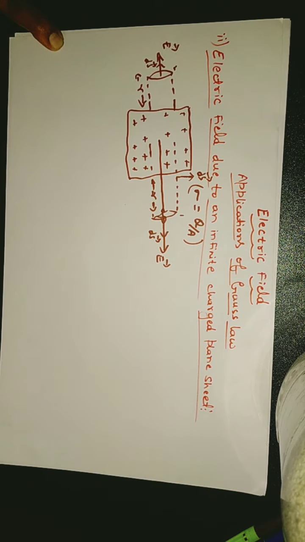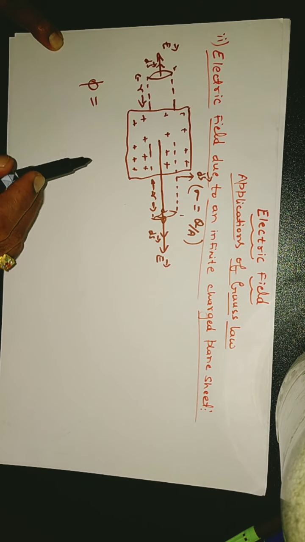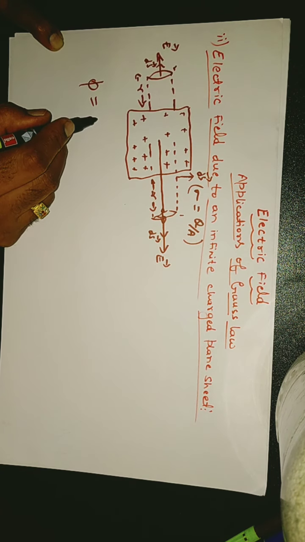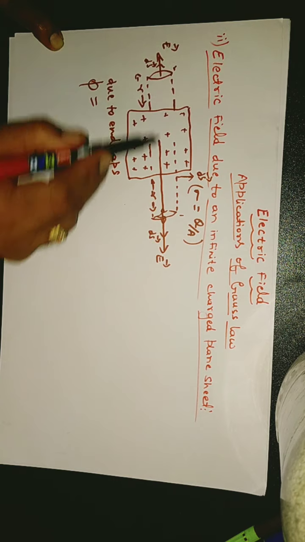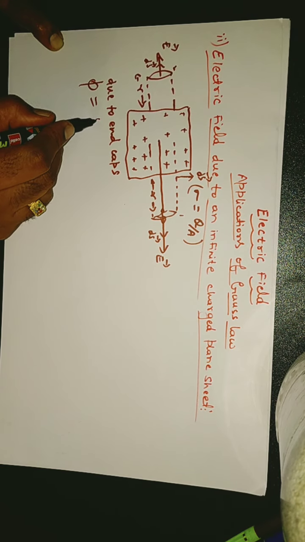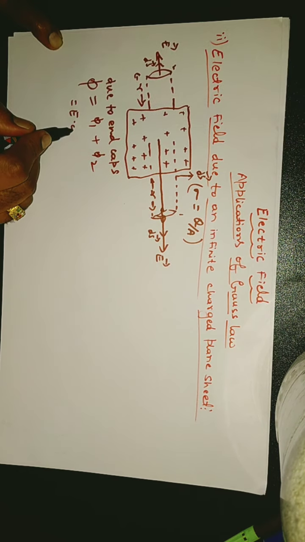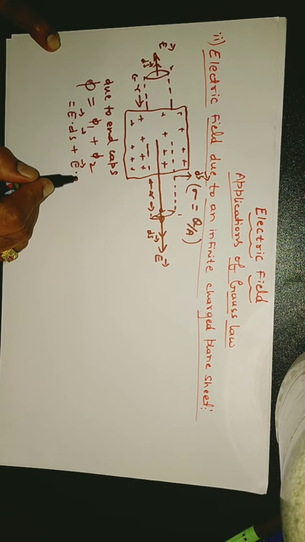So now the total electric flux is the sum of the electric flux due to the end caps and also due to the cylindrical part. Due to the end caps, that is due to these two parts, phi is given by phi 1 plus phi 2, which is vector E dot ds plus vector E dot ds.